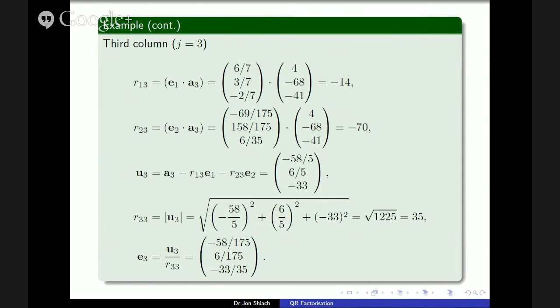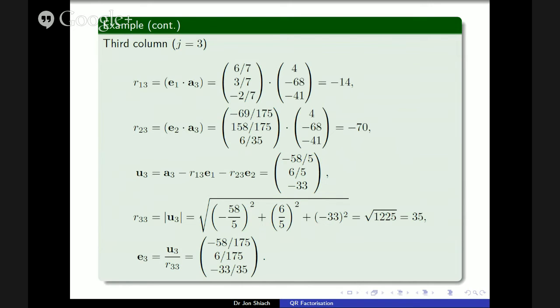Third column. So we need dot products to calculate R13 and R23. E1 dot A3, where A3 is the third column of A, gives us minus 14. E2 dot A3 gives us minus 70. Once we've got R13 and R23, we can then apply Gram-Schmidt to calculate U3.